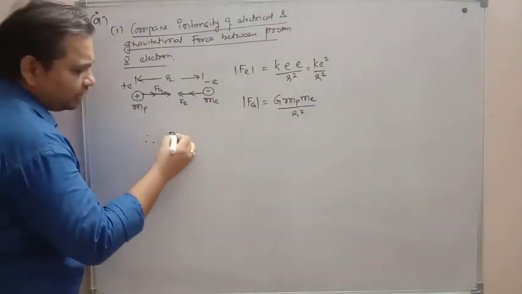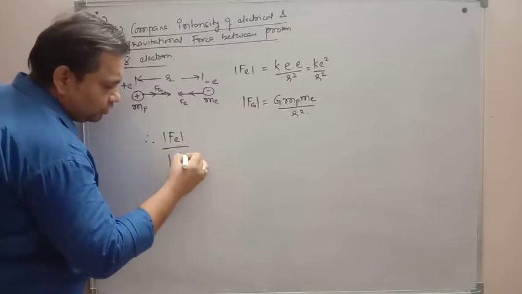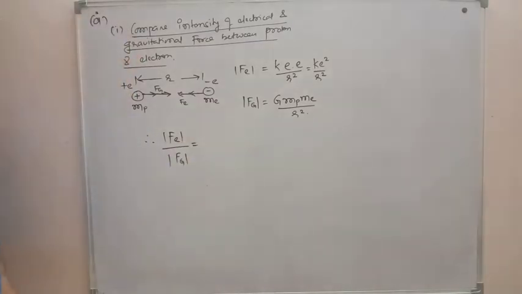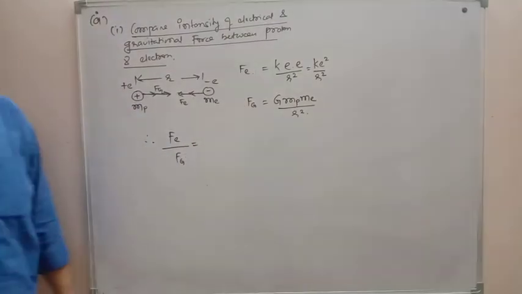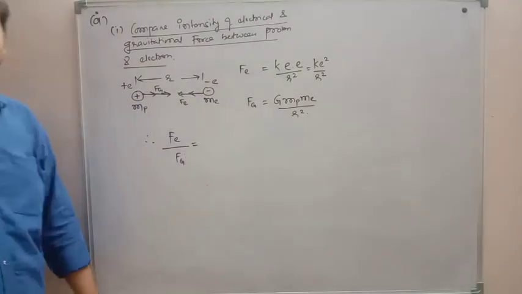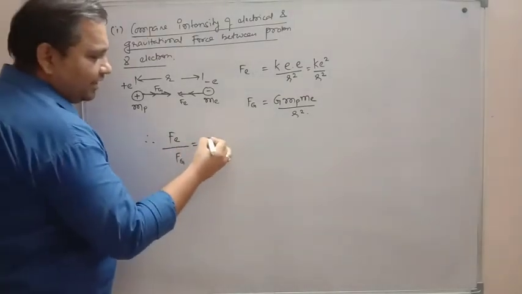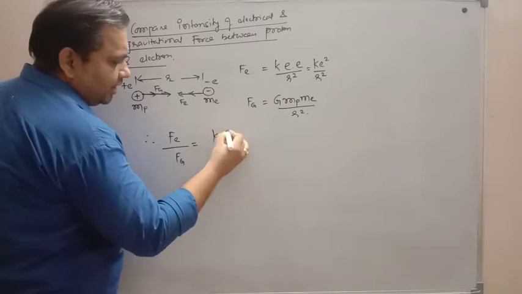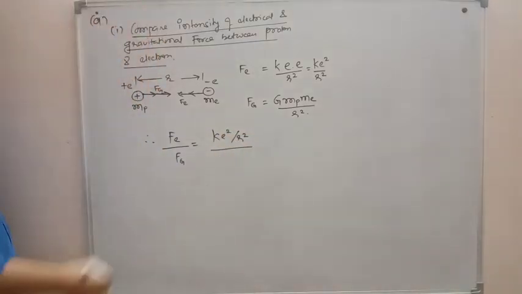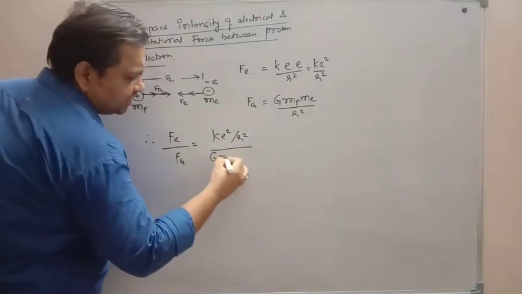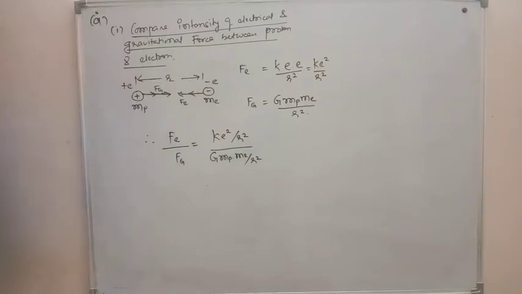So the ratio of electrical force to gravitational force will be: electrical force is Ke square by distance r square, gravitational force is G mp me by r square.